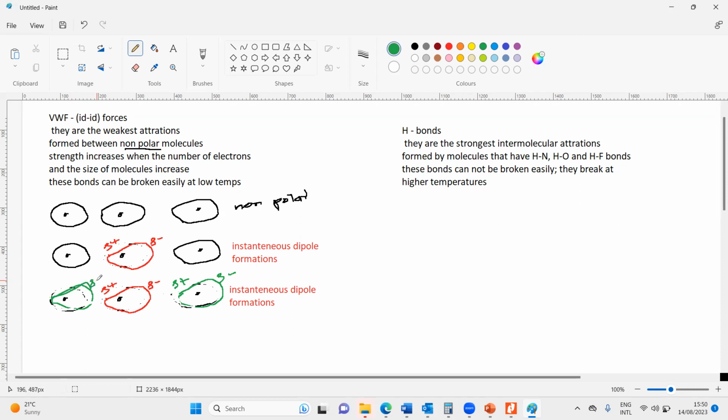Now here we have delta negative and delta positive charge separation.